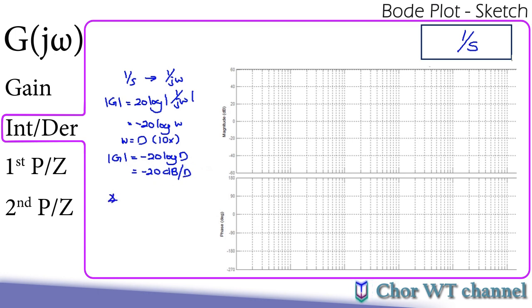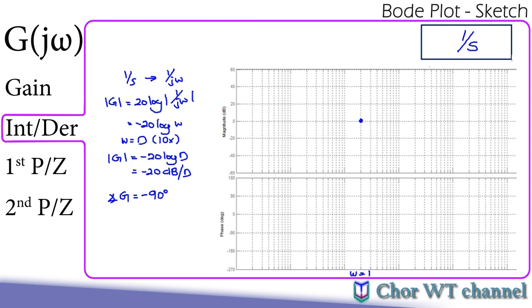As for the phase of g, since j omega is a purely imaginary term lying in the denominator, this will become straight away negative 90 degrees. When we transform these expressions into drawings, first we look at the magnitude of g. It is a straight line having a slope of negative 20 dB per decade, and it will cross 0 when omega equals 1.